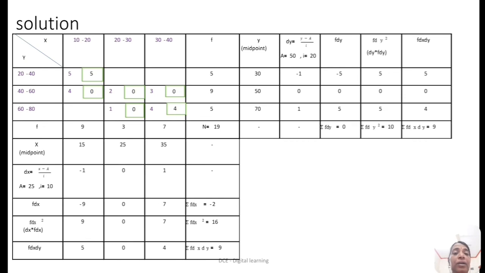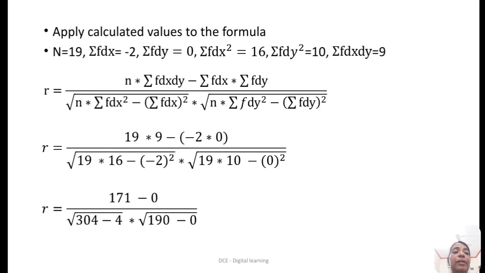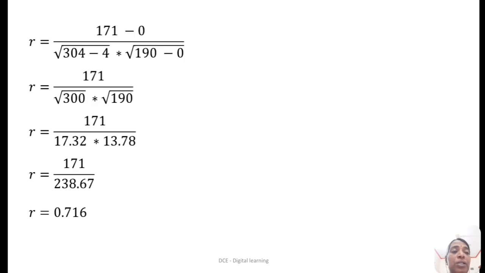Similarly, below the rows you have to write 6 columns and calculate similar values. Once we calculate the values, we should apply them to the formula. After that we come to know that R is equal to 0.716. Now based on this R, we have to calculate the probable error.